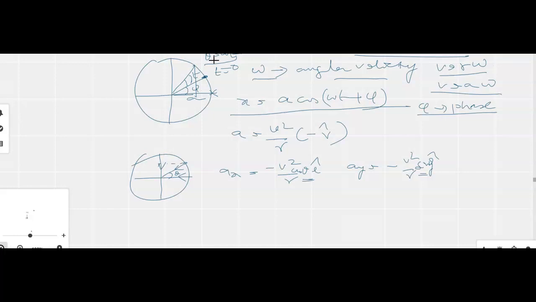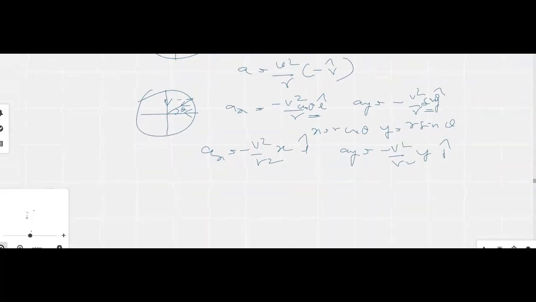Now we know that in translating from Cartesian to circular coordinates, x is equal to r cos theta and y is equal to r sin theta. By plugging in this, we find a_x is equal to minus v square by r square x, in the minus i direction, and a_y is nothing but minus v square by r square y, in the minus j direction.